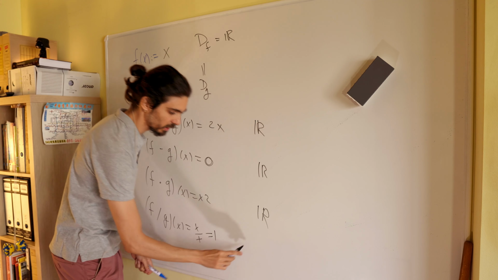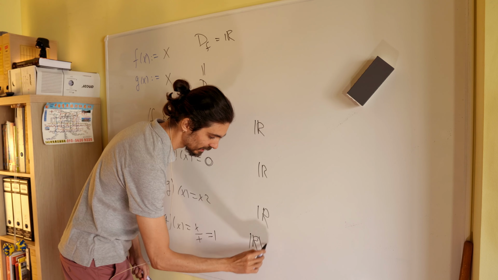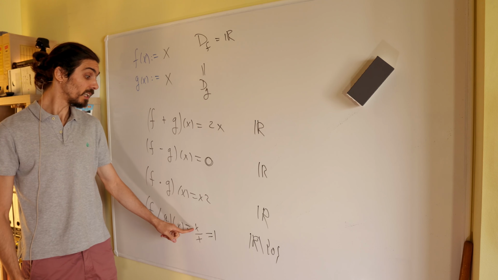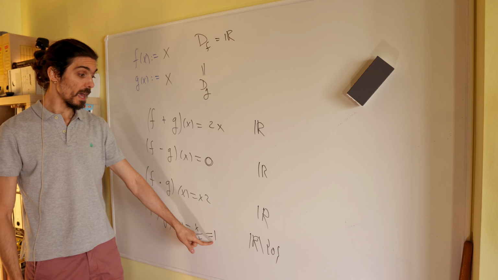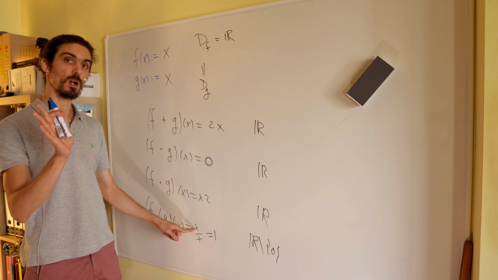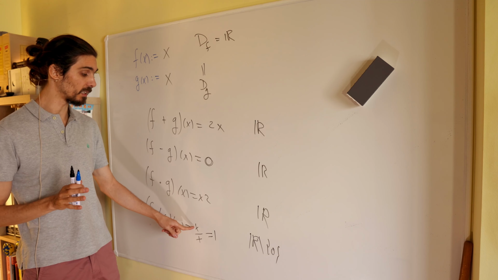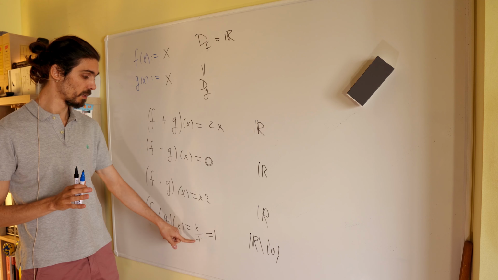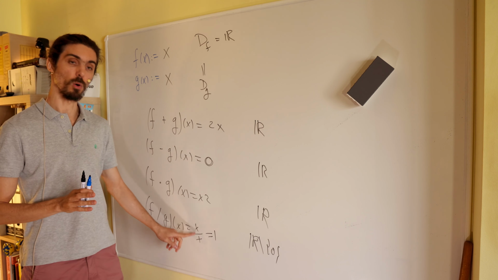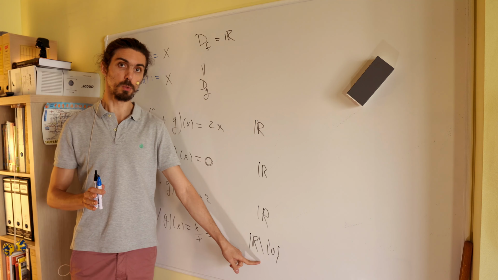So the domain of this function is R except 0. So yes, it is indeed true that it is equal to 1 as long as you work on this domain. So from now on, every single time something like this appears in any formula, you cannot just cancel and say, well, it's 1. No, it's 1 as long as you assume this.